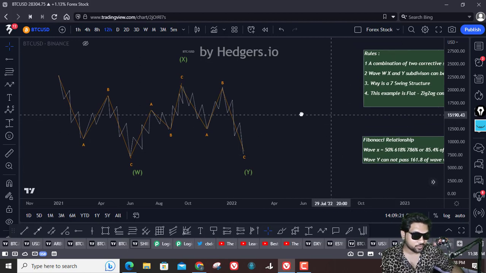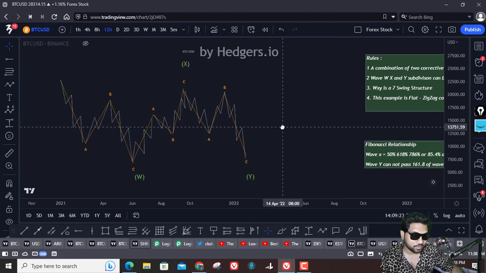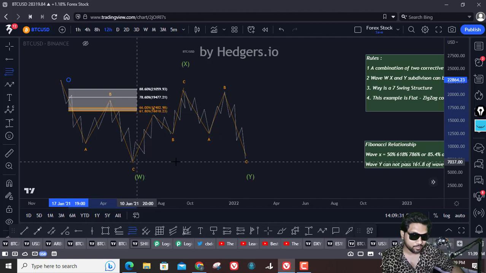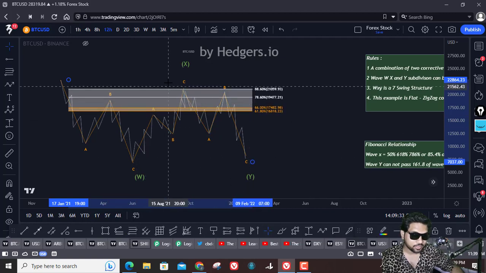As for the wave X, I'm going to show you how. You take the starting point of the wave W and the ending point of the wave W. Then you see here 0.786, 0.886. That is the last point, where wave X should end. The main point is 0.5.